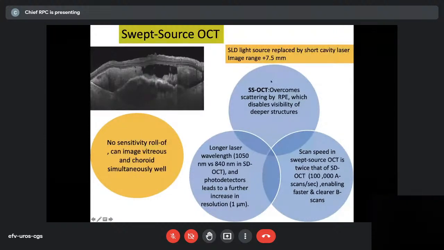Along with the vitreoretinal interface, the retina, the outer bands including the ellipsoid, the RPE and the choroid, starting from the vitreous to the choroid, everything is visible at the same time. That's a big advantage of swept-source OCT. It's got a longer wavelength, you all know it, and the number of scans per second can be even 400,000 per second. You've heard of 100,000, but the scanning speed is extremely high and produces very high resolution pictures.